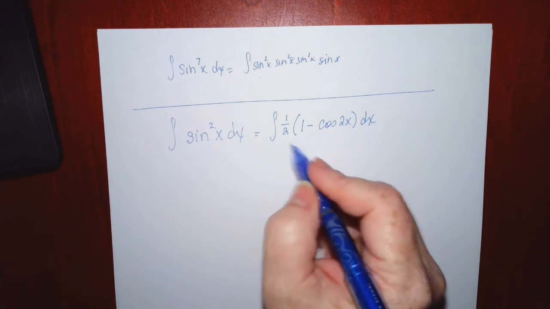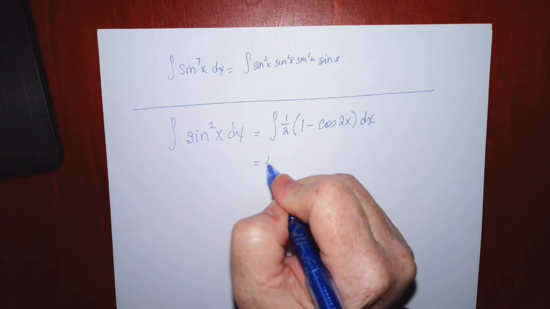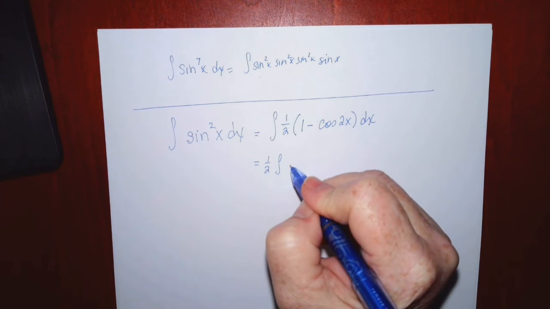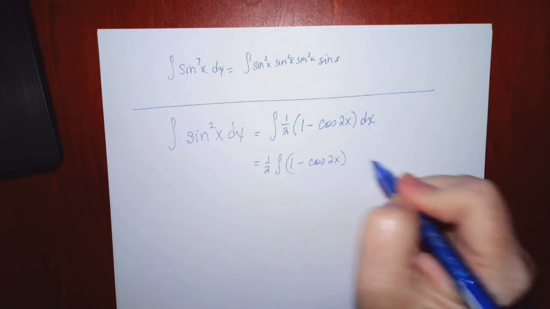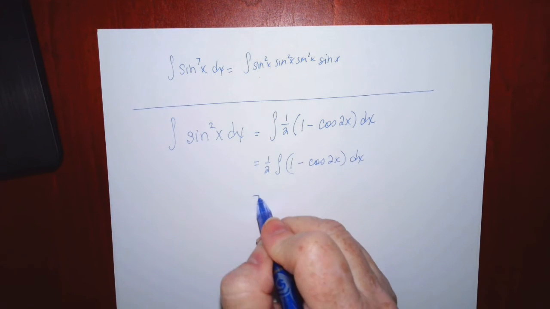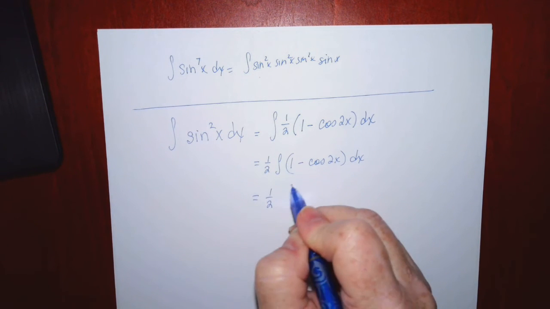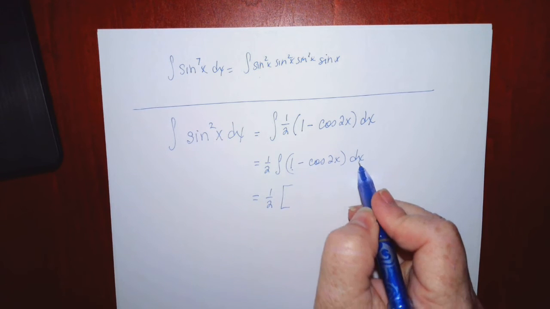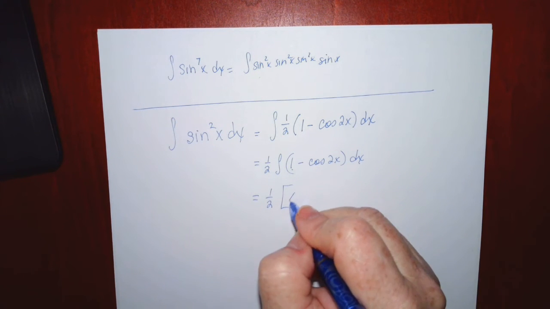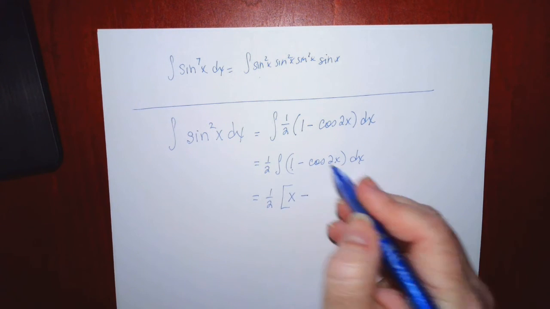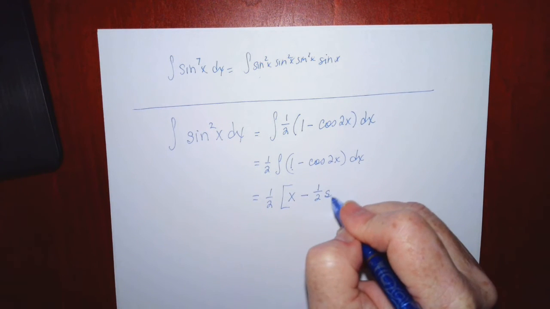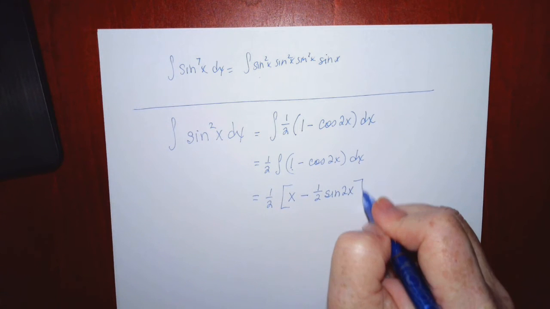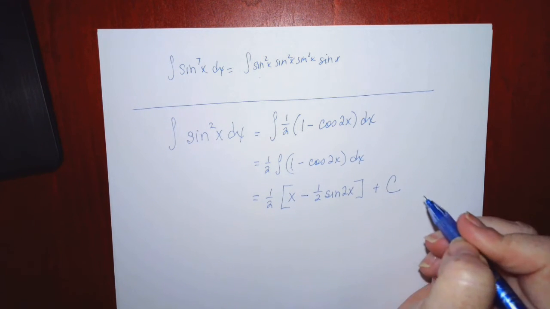All right, so this part we know how to integrate. We have 1/2 the integral of 1 minus cosine 2x dx would be 1/2 of the integral of 1 dx is x. The integral of cosine 2x is 1/2 sine 2x, and then plus c.